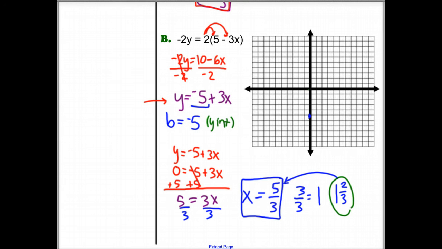We're going to start at the origin, and we're going to go to the right 1 and a little bit more than 1. So right here. The reason why I wrote it as 1 and 2/3 is because I don't know how many boxes 5/3 is. So I know that I can go over 1 and 2/3 boxes. So I'm going to erase this little line here. And then finish it out with that line through the points.